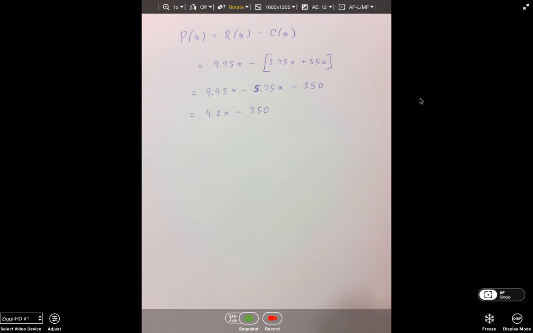Now guys, a lot of people are going to miss this. And when you miss this, you miss the entire problem, which just isn't cool. This cost function consists of the entire 5.75 plus 350. It's really easy not to distribute that negative sign through to each of these terms in the cost function. And if you do that, you're just going to miss the problem. There's no other way to put it.